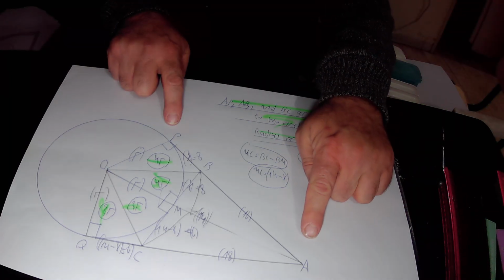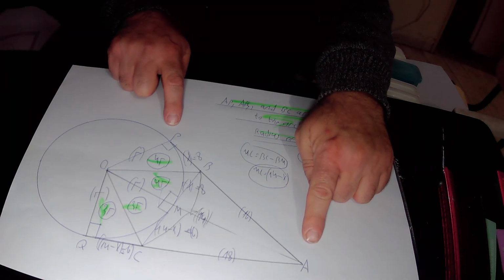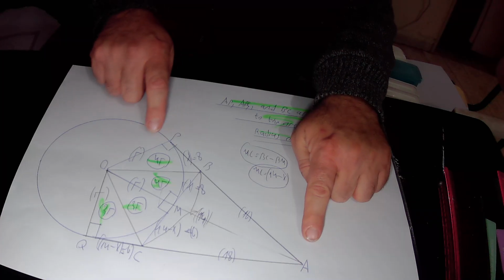AP in total equals 16 plus X, and it equals AQ.